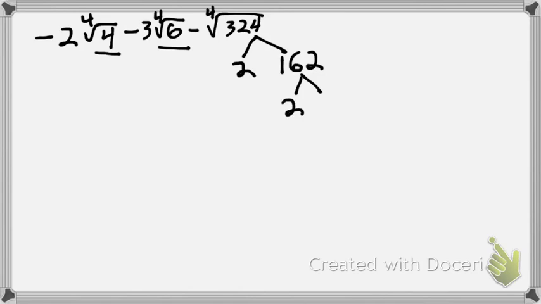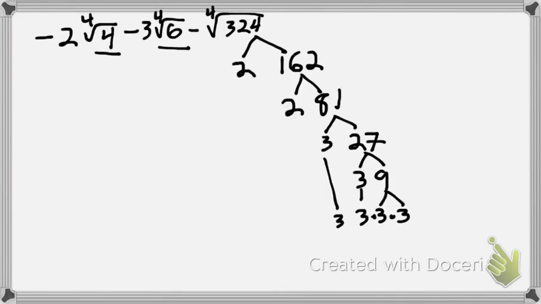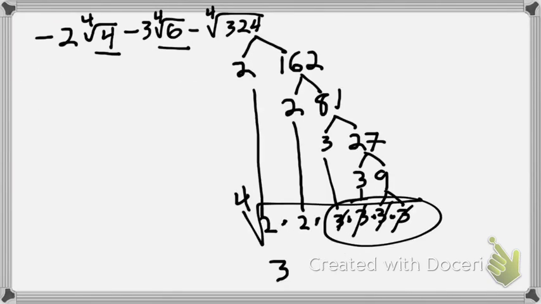So 162 divided by 2 is 81. 81's not even, so I can't pull out any more 2's, but I can pull out a 3. 81 divided by 3 is 27, and as we already talked about, 27 breaks down into 3 different 3's. So that gives me this as the prime factorization of 324: 2 times 2 times 3 times 3 times 3 times 3.